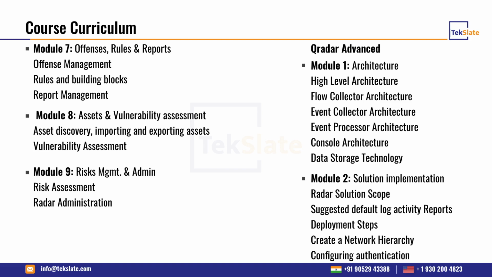Console architecture. In the console architecture, we have a magistrate portion who is responsible for declaring an offense. If any suspicious or malicious activities occur, that will be indicated in that offense, and that offense is declared in QRadar by the magistrate, which is a part of the console architecture. And lastly, we have the data storage technology, that is, how our data is going to be stored in different buckets.